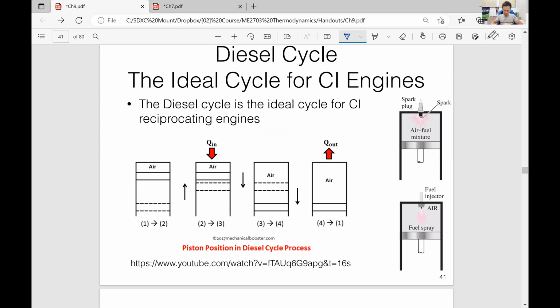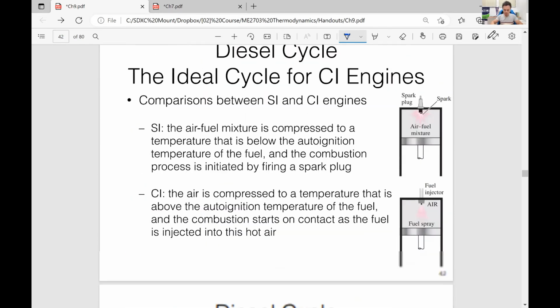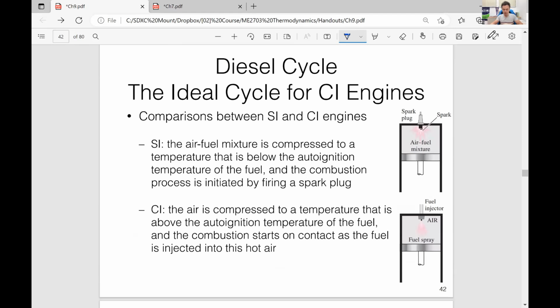Okay, so now we can compare the differences between an SI and CI engine. Look at this. In an SI engine, the air-fuel mixture is compressed to a temperature that is below the auto-ignition temperature of the fuel. And the combustion process is initiated by firing a spark plug.